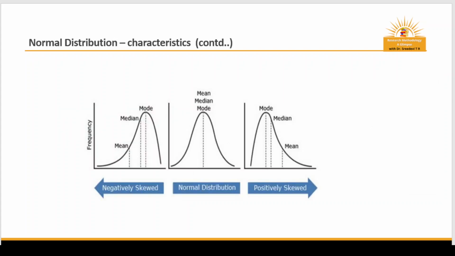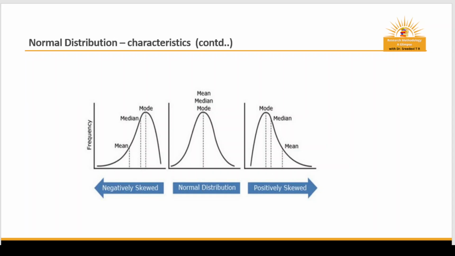This picture shows the normal distribution in the center, the negatively skewed distribution on the left side, and the positively skewed distribution on the right side. In a negatively skewed distribution, the mean is always lesser than the median and the median is lesser than the mode.